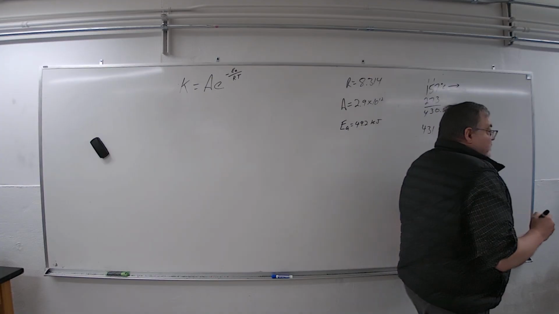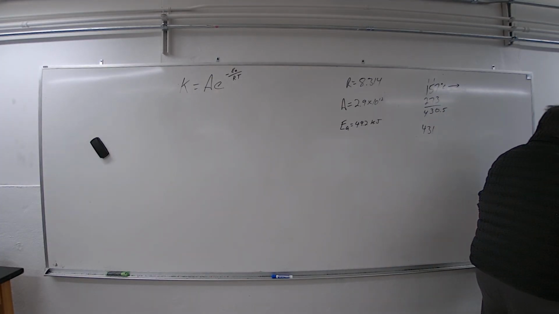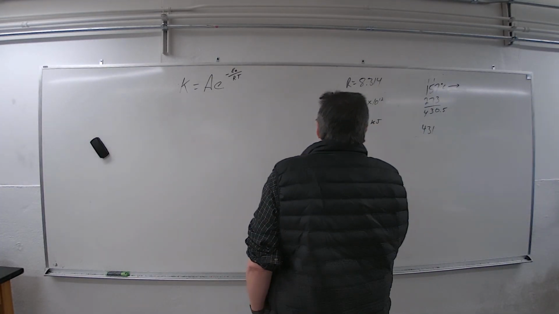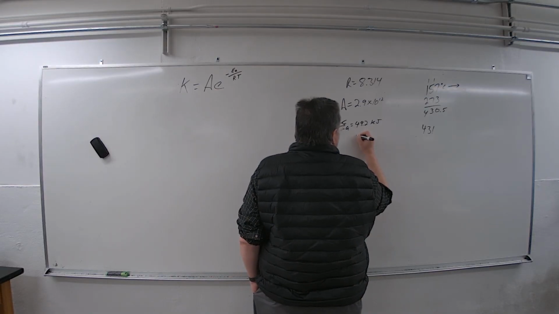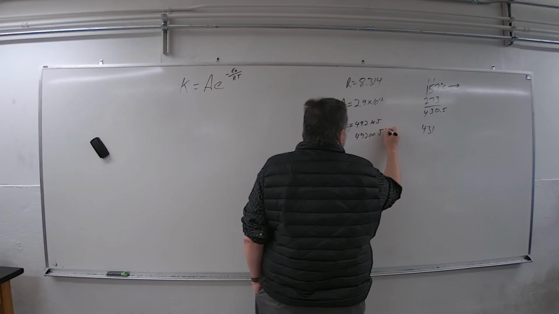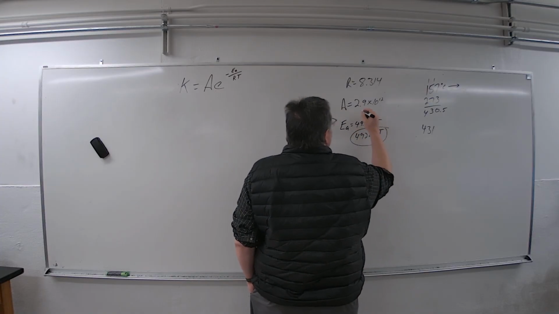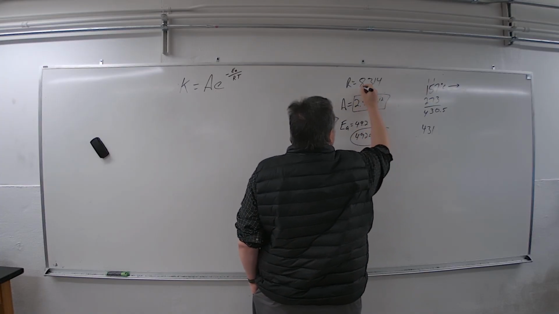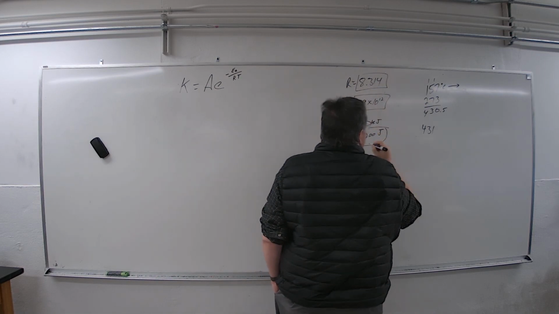Did you convert the kilojoules to joules? Yeah, and it was 49200. Okay. 49200 joules, that's what we want. That's in joules per mole.